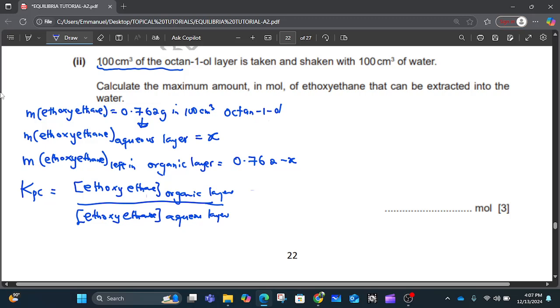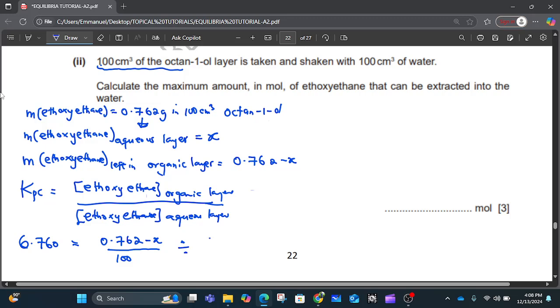The Kpc value given is 6.760, which is equal to the concentration of ethoxyethane in the organic layer, that is the mass of the ethoxyethane in the organic layer, which is 0.762 minus X, divided by the volume of the organic layer, which is 100 centimeter cube, divided by the concentration of ethoxyethane in the aqueous layer, and that is the mass of ethoxyethane in the aqueous layer over the volume of the aqueous layer.